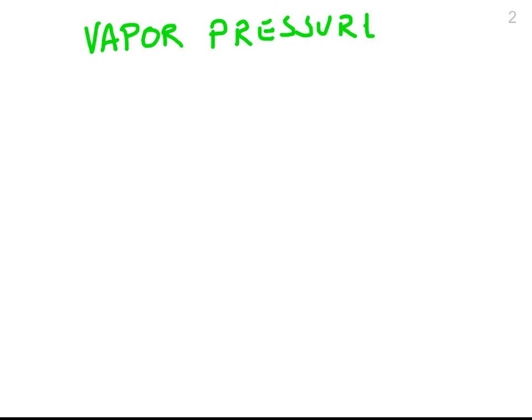Now I'm going to talk about something called vapor pressure. And I'll talk about vapor pressure in class too, because it's kind of complicated. But what happens is, let's say I have this flask sitting on the table. It looks like this. The greatest flask.